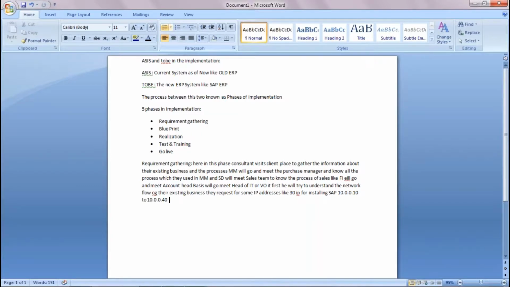If some other team comes, they will allocate from 40 onwards. These are specially reserved for the SAP team.